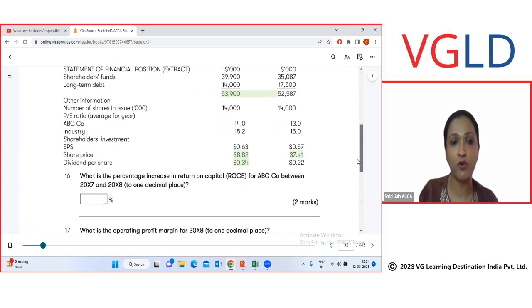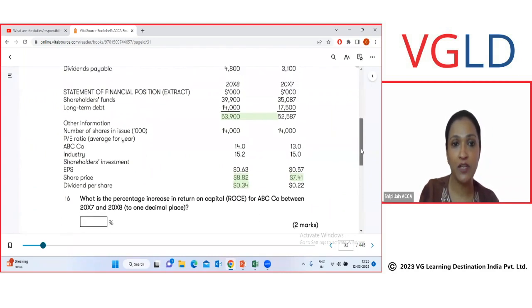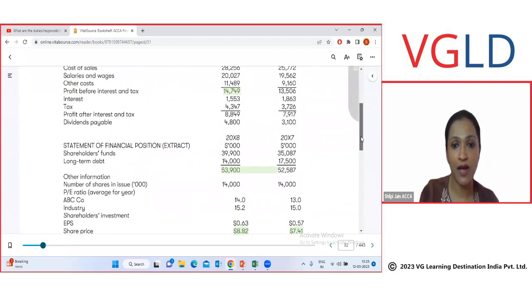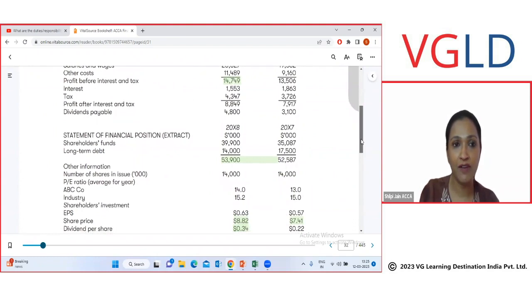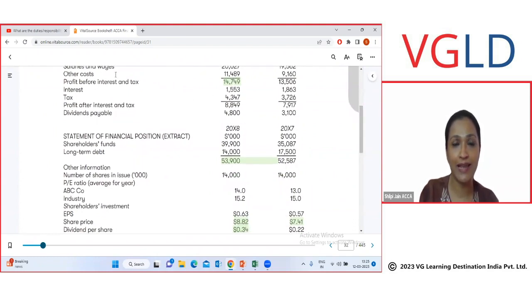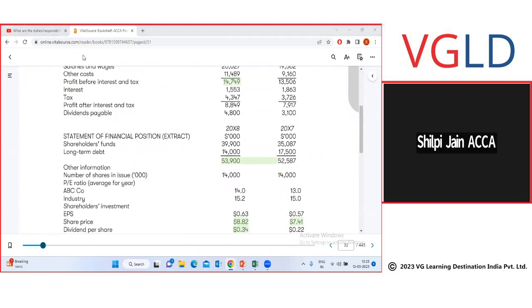So the first thing you have to do is, what is the percentage increase in return on capital employed for ABC company between 2007 and 8? So return on capital employed is what you have to calculate, and the percentage increase in the 2 years. I'm just showing you the relevant details that you would require. Quickly calculate. We'll do them one by one.